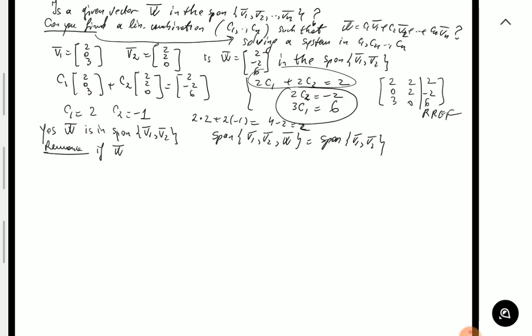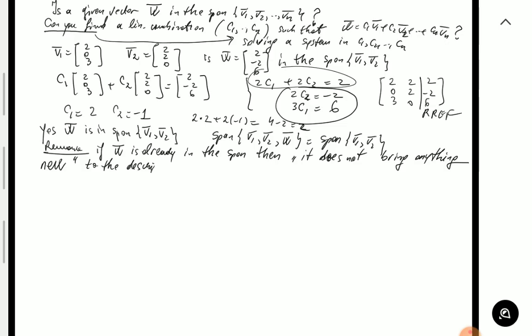If an additional vector, if W is already in the span, then, and I'm going to put this in quotation marks, it does not bring anything new to the description of that spanning set.